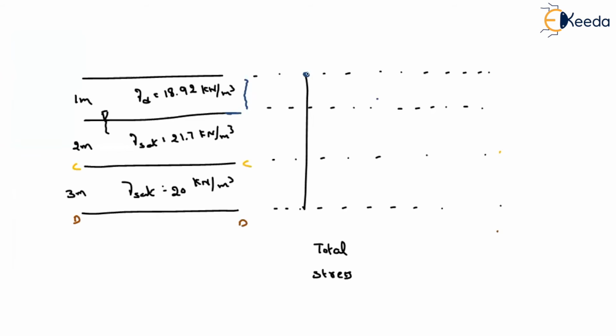Imagine then, if I keep the piezometer here, by the name itself we can say that this is under dry condition. As it is under dry condition, will there be any pore water pressure? No. If I keep the piezometer here, up to how much level will the water rise? Up to the water table level. Where is the water table? That is there itself. So what is the pore water pressure here? 0. Similarly, if I keep the piezometer at C, tell me up to how much level the water will rise? Up to this level.